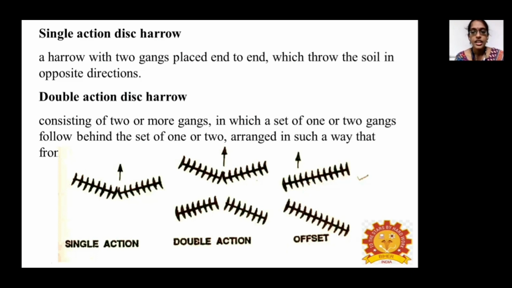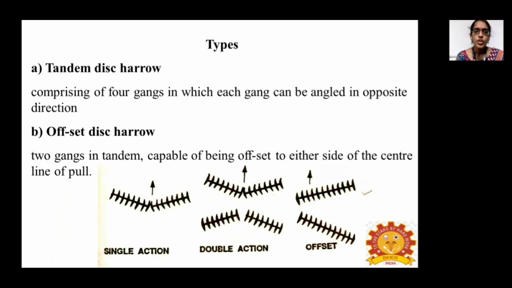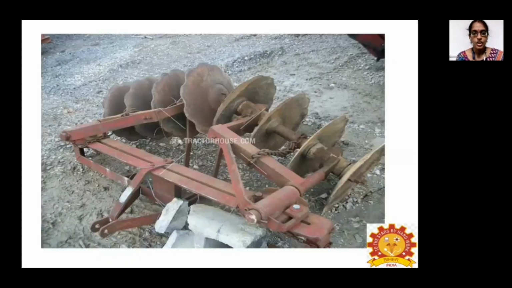And the offset disc harrow consists of disc harrows attached in tandem, which is capable of being offset to either side of the center line of pull. The tandem disc harrow consists of four gangs, and each gang is angled in the opposite direction. So this is the disc harrow.